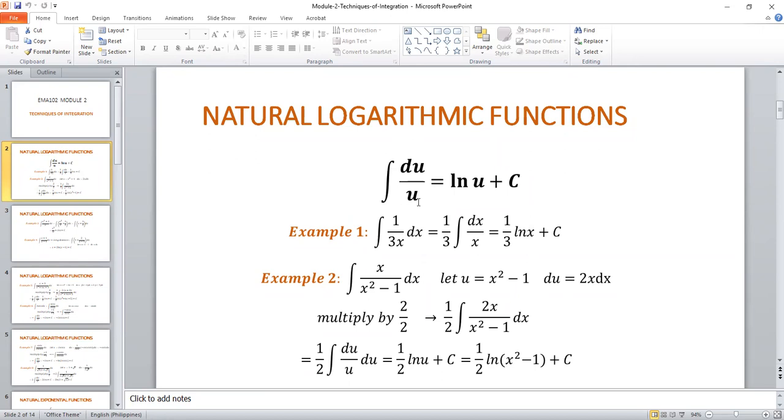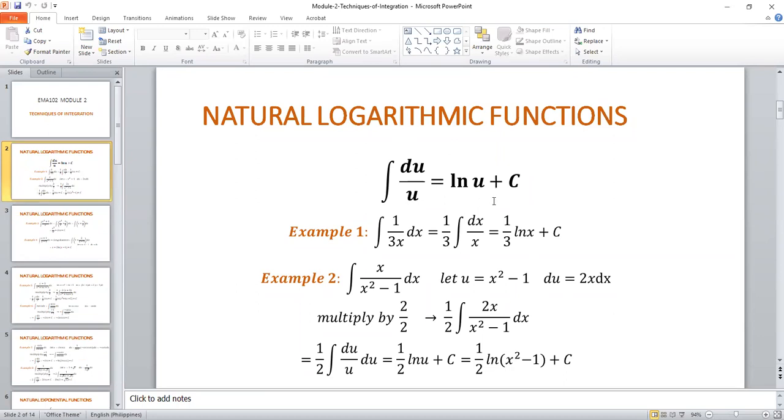I would like to emphasize that the derivative of the u that is written in the denominator is in the numerator. So it's du over u. Whenever you see this, the answer is the ln of u, whatever is this u in the denominator. One way of checking this is to differentiate your answer.